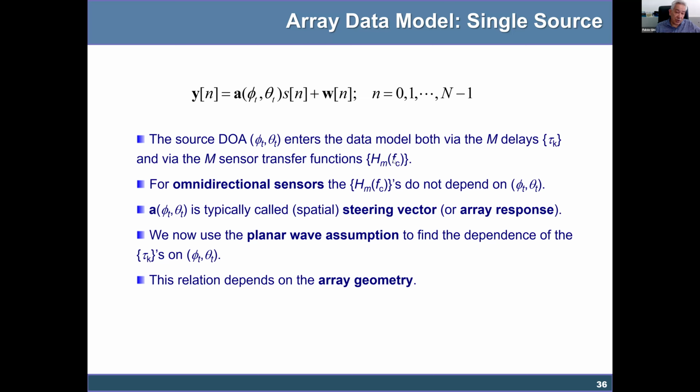For easy annotation, I did not report explicitly this dependence. But if the sensors are omnidirectional, the frequency responses do not depend on the direction of arrival.